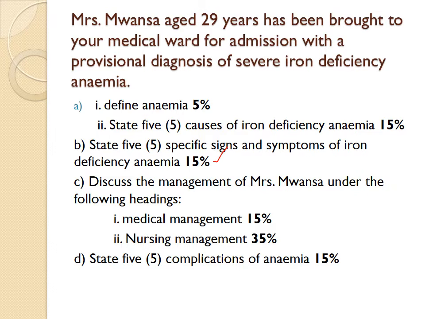Then there are changes in the fingernails, where you notice that the fingernails are going to be brittle, discolored, concave, or spoon-shaped. Another specific sign and symptom is soreness and inflammation of the mouth and tongue.